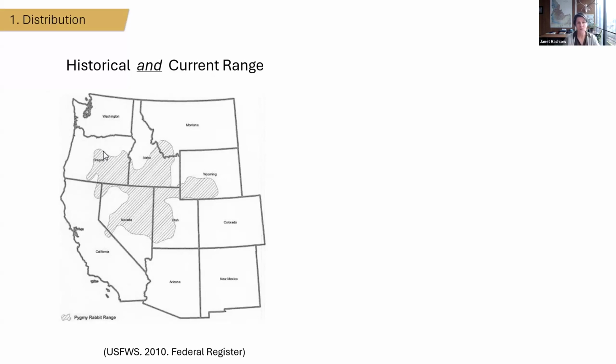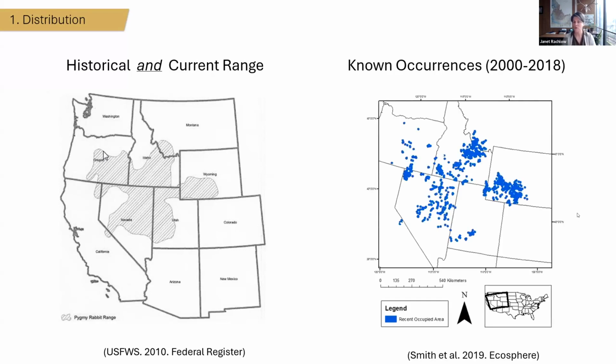So one of the first things we wanted to do was to try and understand something about the distribution so we would have a baseline against which we could measure changes in distribution over time. And so we gathered known occurrences. There were about, I think, 2,000 occurrences that we could confirm from throughout the species range, and those are shown here on the right.